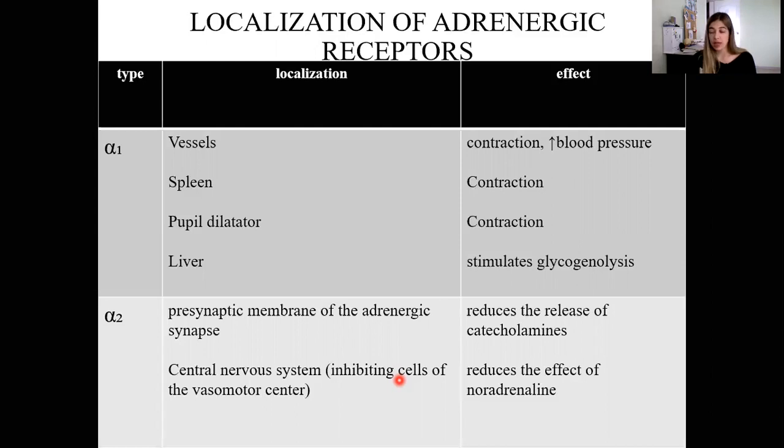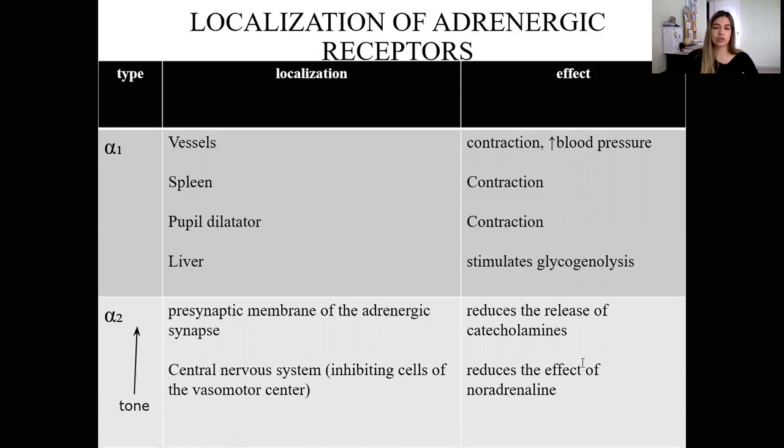How does that work? In the CNS, exactly in the vasomotor center, there is a function of increasing the tone of vessels, increasing the pressure in the vessels. But it can be stimulated by noradrenaline.